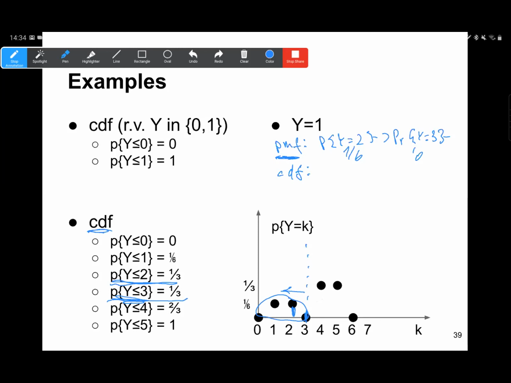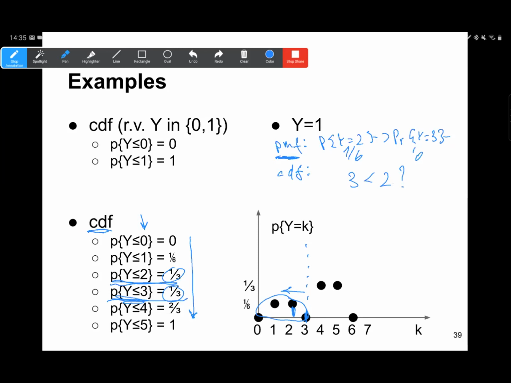So if 3 was smaller than 2, you mean? Or you probably mean if this value were smaller than this value. No, it could never be smaller. As the argument of the cumulative distribution function increases, the value of it also increases or doesn't decrease.